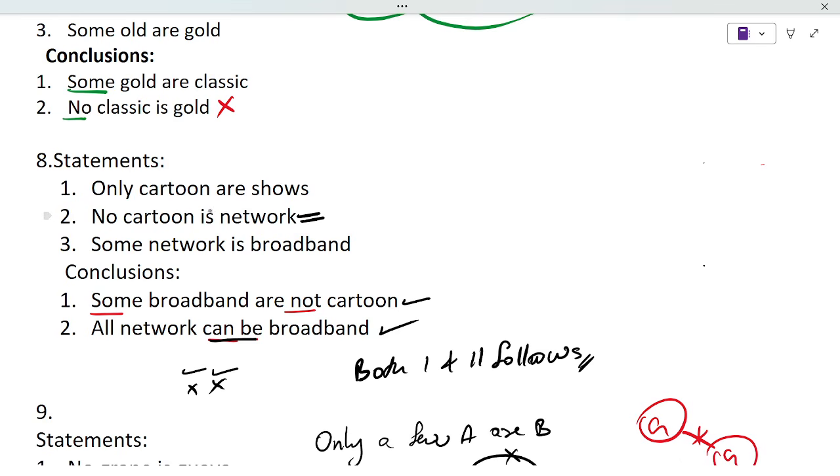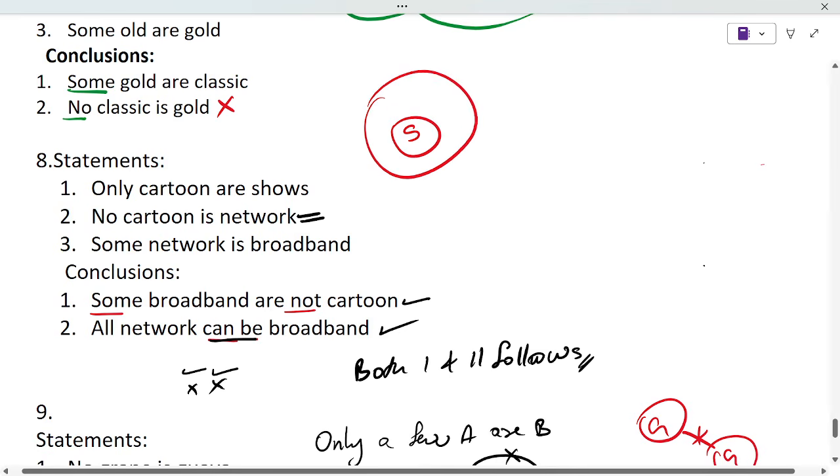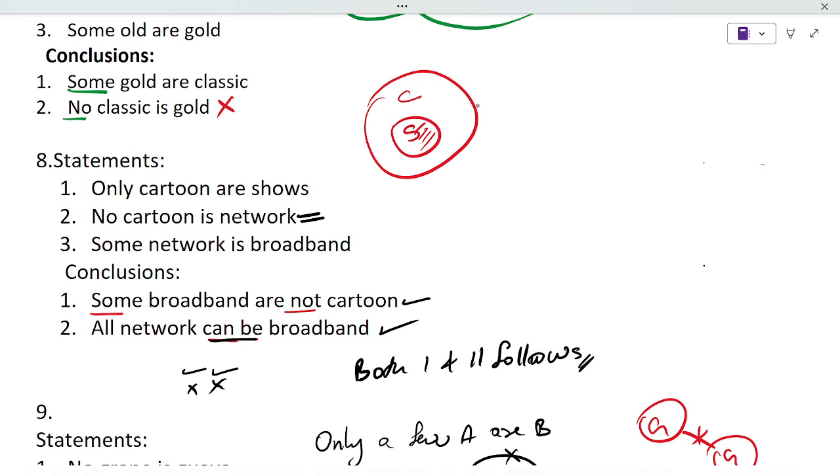From the starting, right? Only gardens are shows. That means shows belongs to garden, can't be shared with anyone. No garden is network. Network and garden can't be shared. Statement 3 says some network is broadband, so part of network is broadband.